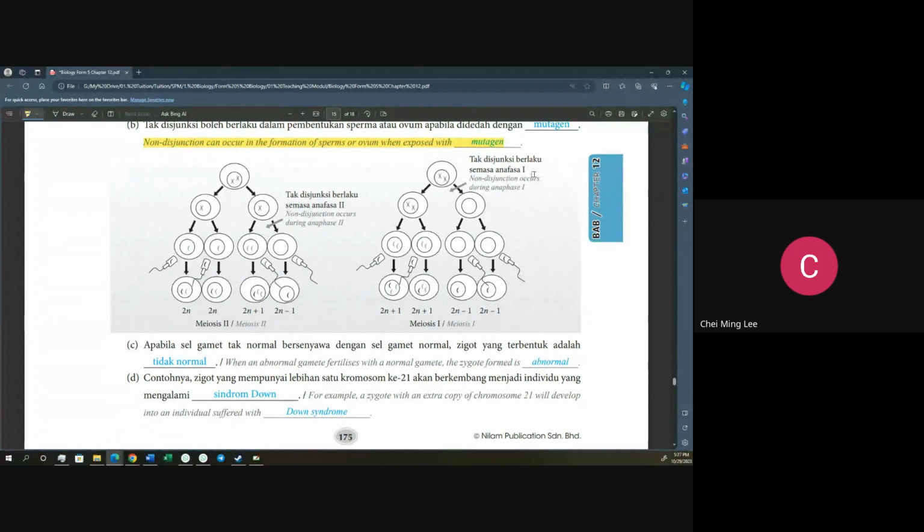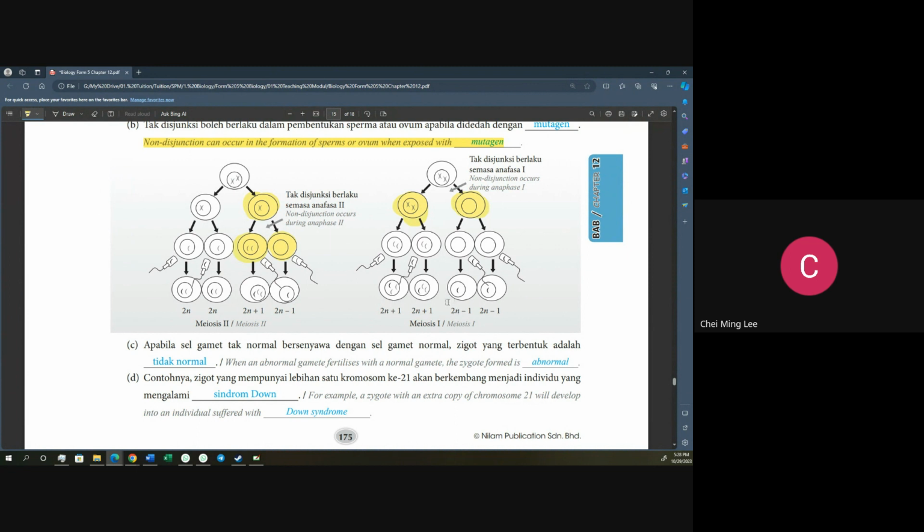While during anaphase 1, it will straight away produce 2n plus 1 and 2n minus 1. So this is how it occurred. It occurs here, this one is straight away.